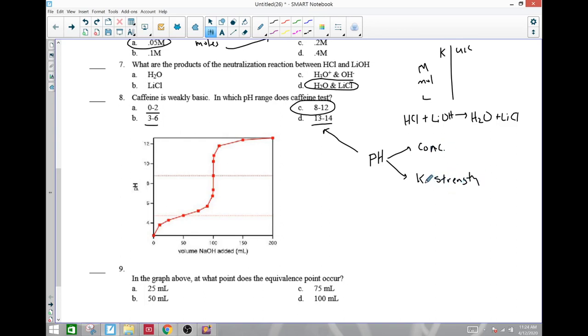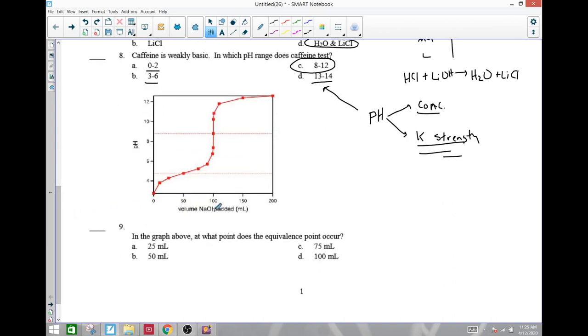Sometimes strength can really be dominating. The concentration can have an effect on the pH, but you could have an acid or base that's 10,000 times weaker. Would you be able to raise the concentration 10,000 times? Maybe not. So a lot of times the Ka value does give the general range of pH.